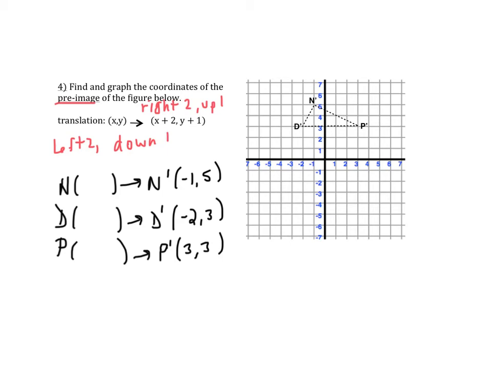So I'm going to start with point N prime here at the top. So we want to go to the left 2, down 1. So there's point N, and it has coordinates -3, +4.